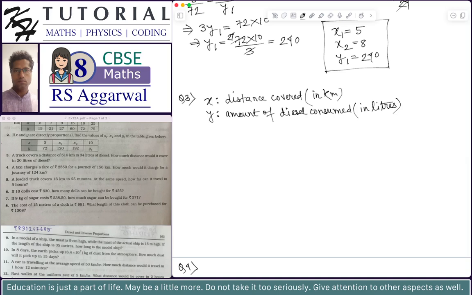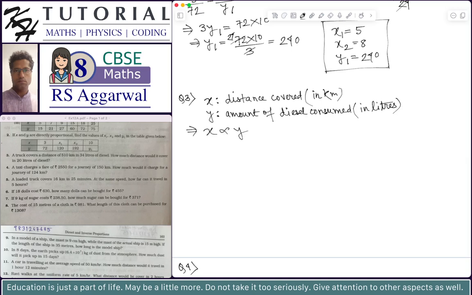If the mileage is 40 kilometer per liter, it means that in 1 liter it will travel 40 kilometer. The concept that the more distance you travel, the more diesel will be consumed is based on the fact that the mileage is constant. So x will vary directly with y.